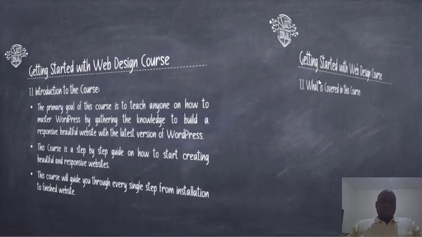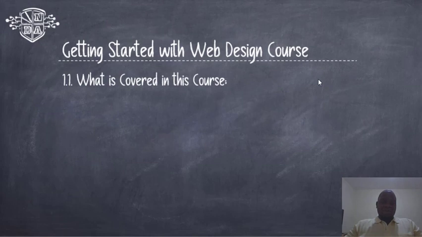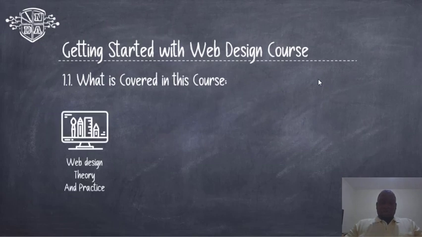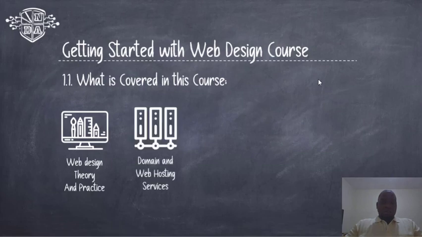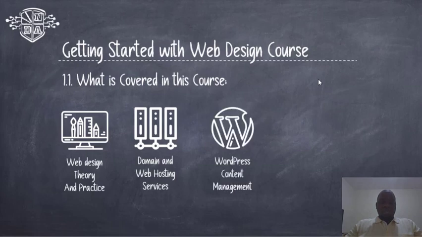So what is going to be covered in this course? Web design theory and practice. We're going to look at the different aspects of design, the principles and elements of design in relation to web design. We're going to get hosting and register a domain name for your website. We're also going to learn how to work with WordPress in managing your content, the text, the pictures, and the videos that you're going to post on your website.